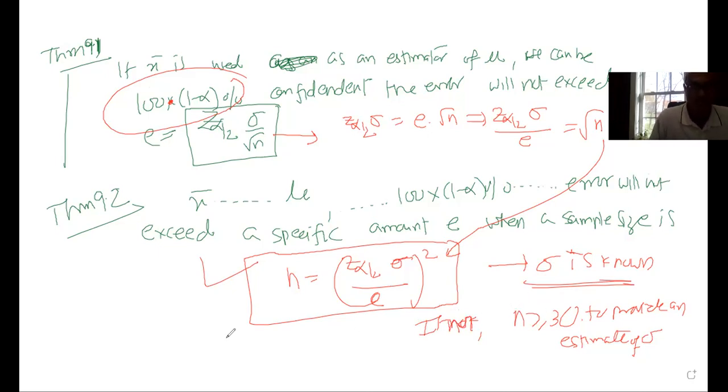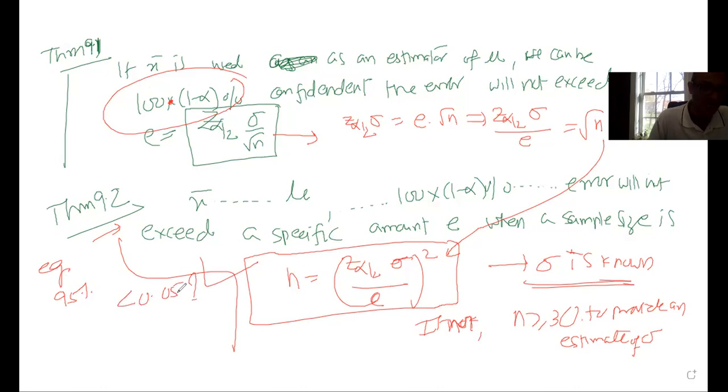Okay, guys, I would like to give you one example based on this theorem. How large a sample is required if we want to be 95% confident that our estimate of nu in the previous example, 9.2, is off by less than 0.05?